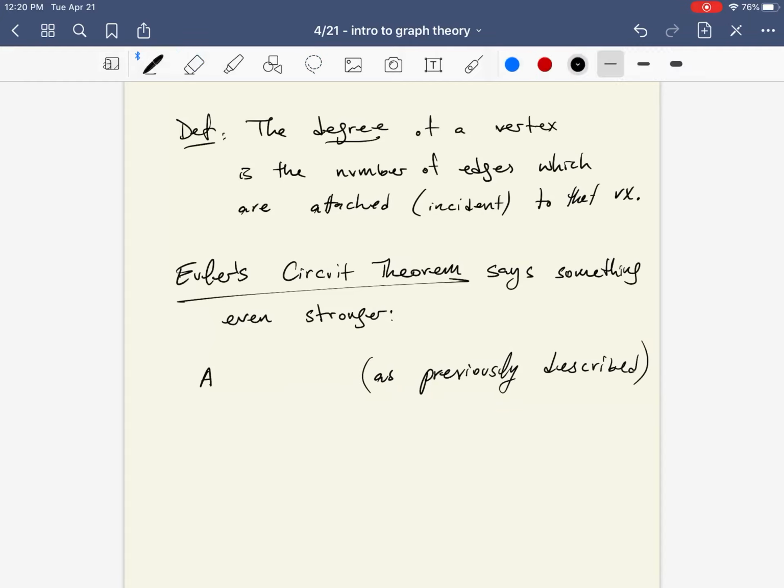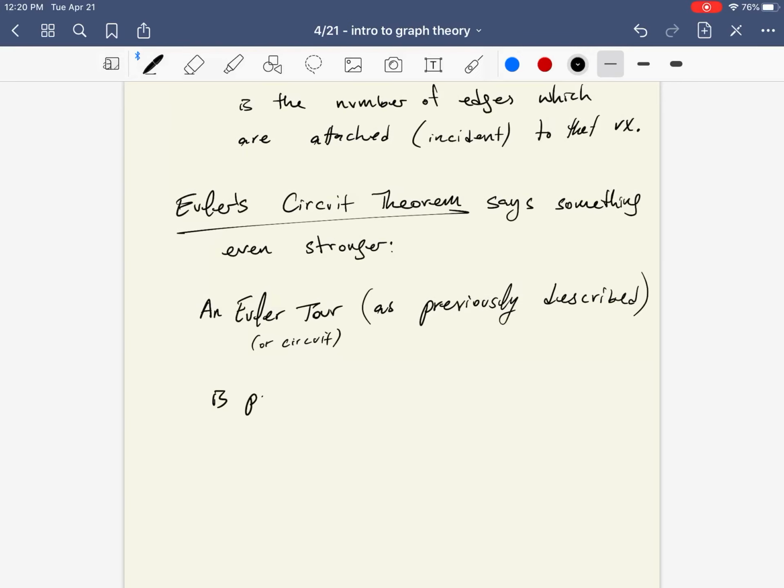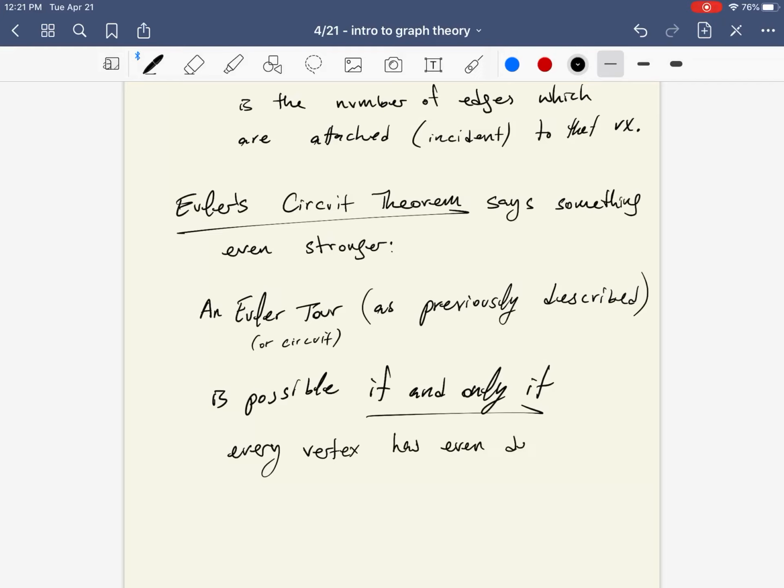We call them Euler tours. So an Euler tour or circuit, as previously described, is possible if and only if every vertex has even degree. So this is really big.